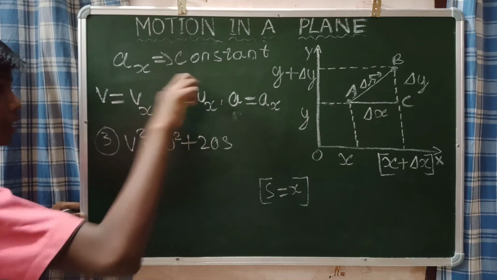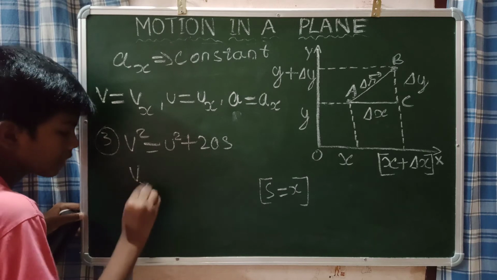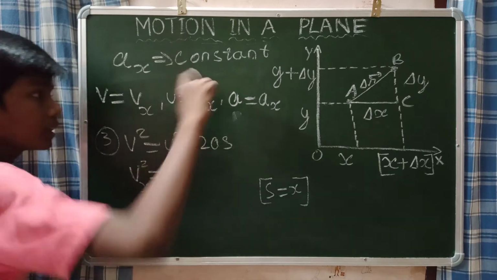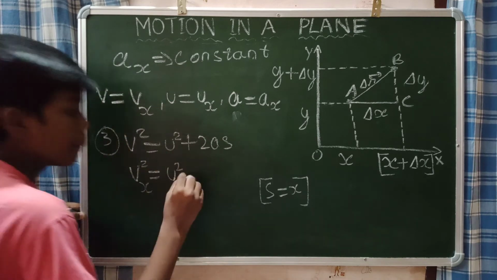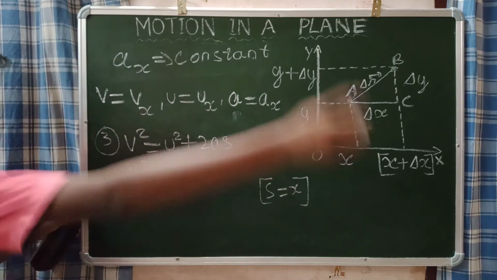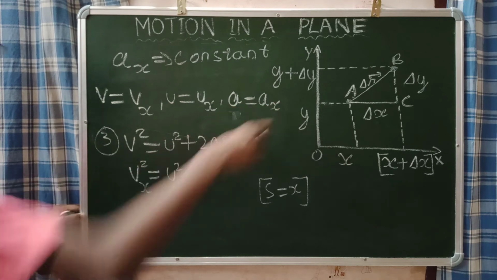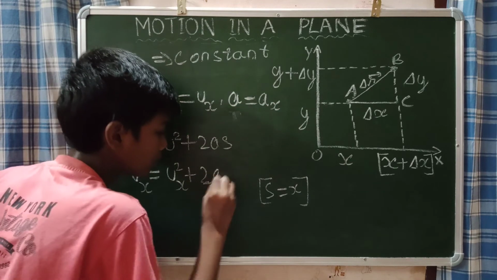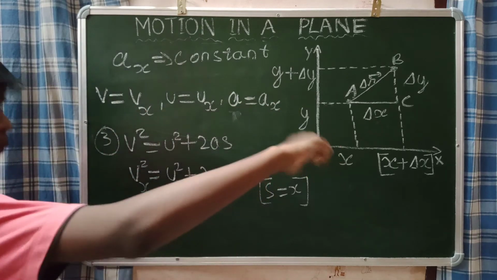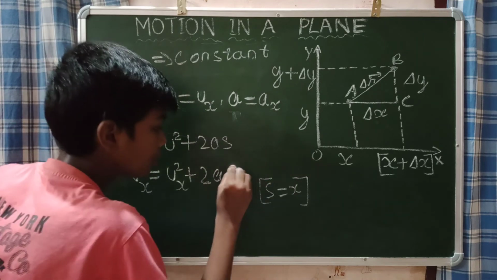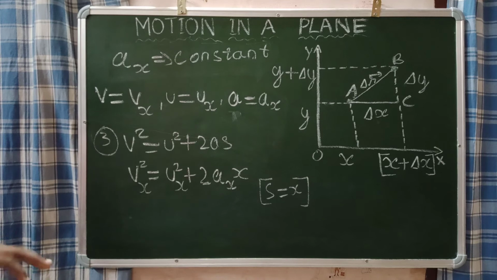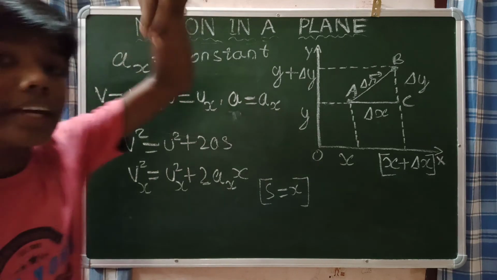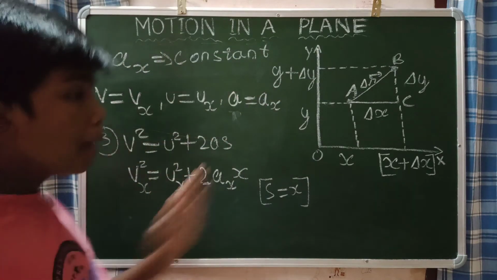That means v of x square is equal to u of x square plus 2 into the acceleration of the x component, a of x, into the displacement, which is x. This will be the third kinematic equation when it is based on the x component, when moving in a plane.